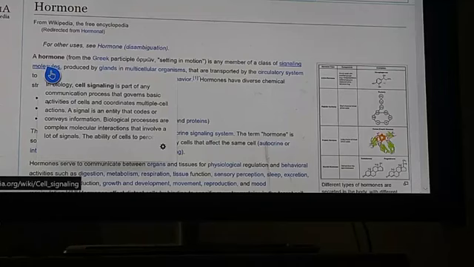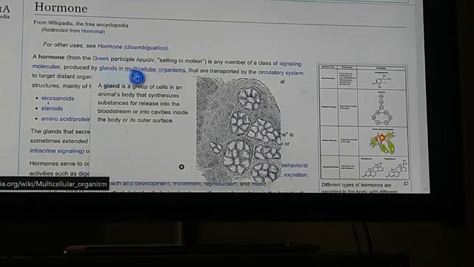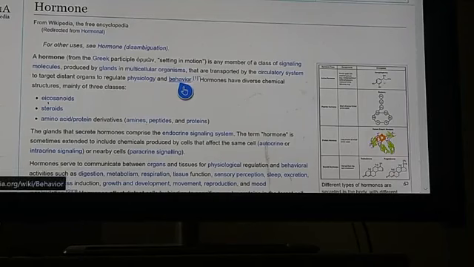In biology, cell signaling, cells. Any part of communication process that governs basic activities of cell and coordinates multiple cell actions. It's a biological process produced by glands in multicellular organizations. They are transported by circulatory system to target distant organs to regulate physiology and behavior.